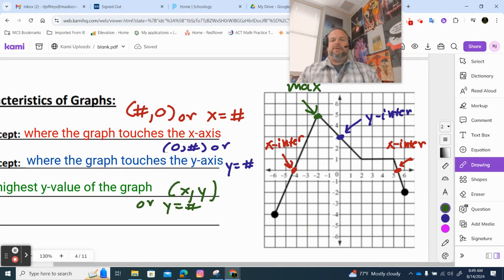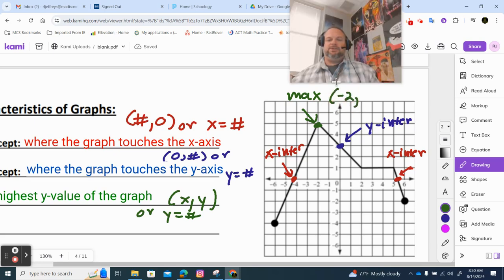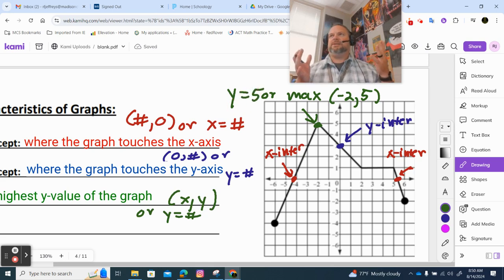So some people would say our max is at -2.5, or y equals 5. That's 2 ways that you could say that. The highest point.